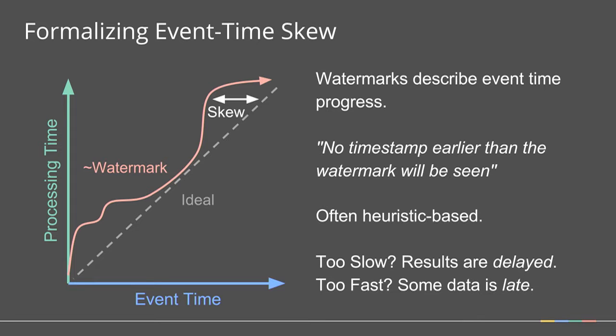In a sense, it says no timestamp earlier than the watermark will be seen in the future. So we think we've seen all the data that will arrive for this event time window. Can you do it perfectly? Often not, so it's heuristic based, and then there are trade-offs. If it's too slow, or you delay until you're really confident, you're delaying the results that you can produce. If it's too fast, you will have late data, data that comes for a window that you already emitted the result for. Okay?